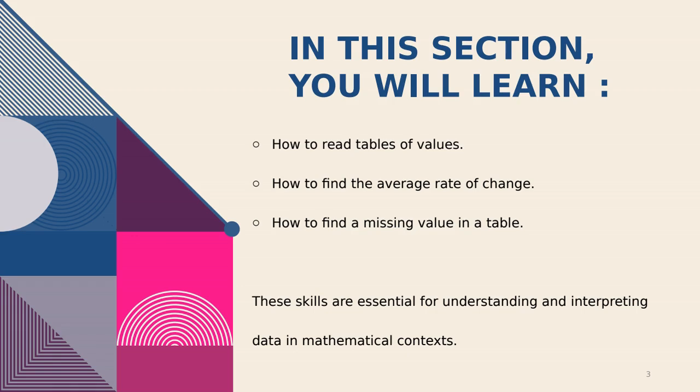Normally, this section is not hard for many students because many of you will remember how to find an average rate of change from your beginning algebra or Algebra 1 from high school or from 61 class. And many of you will remember how to read tables from your social studies class.